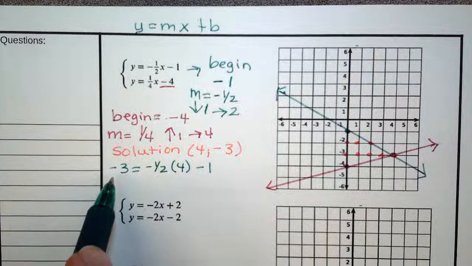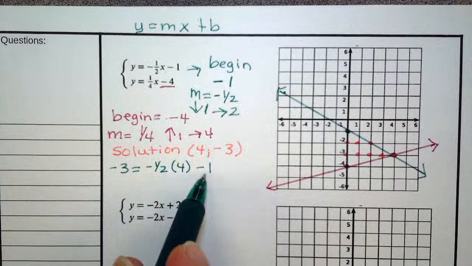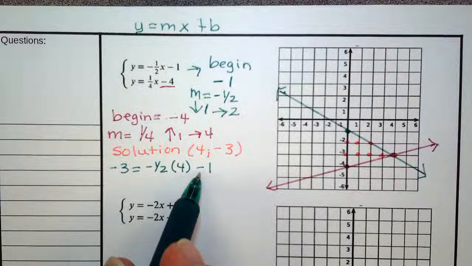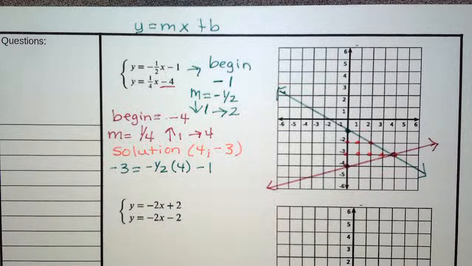Is -3 equal to...? -1/2 times 4 is -2, minus one more, and that is correct. So you always have to check both to make sure both answers work.